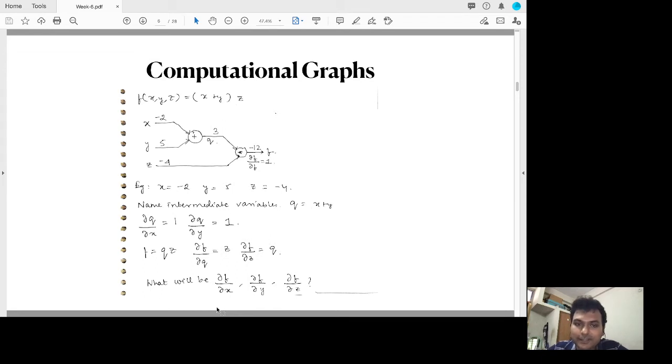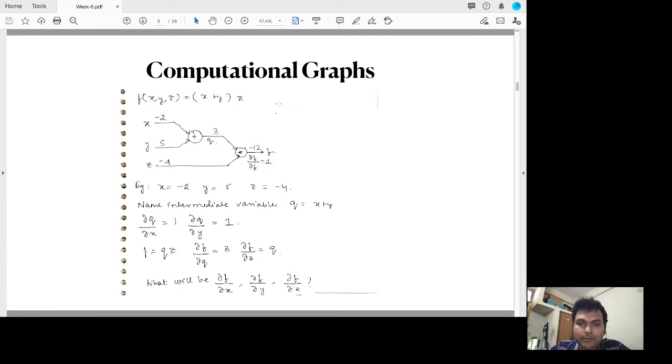Okay, so this is again from basic derivatives. So if I say here that f of x comma y comma z is x plus y into z, that is again q into z, as I have denoted x plus y as q.